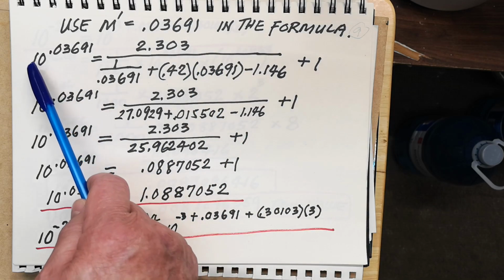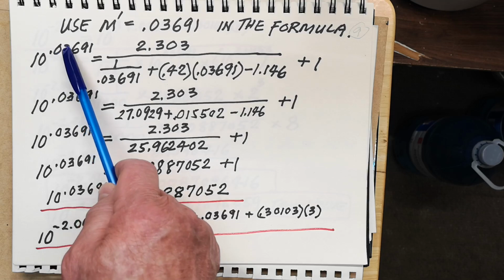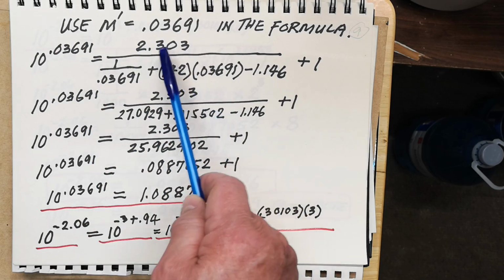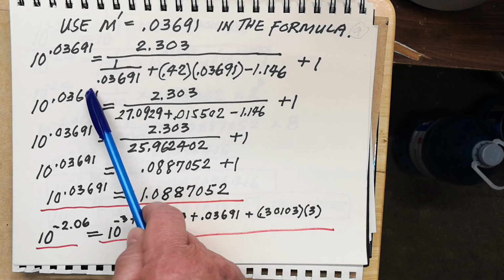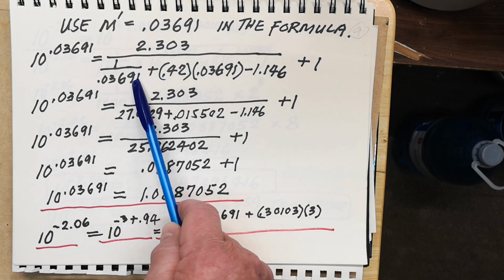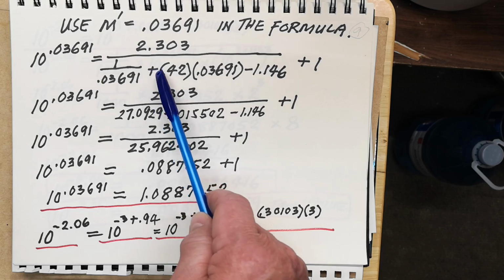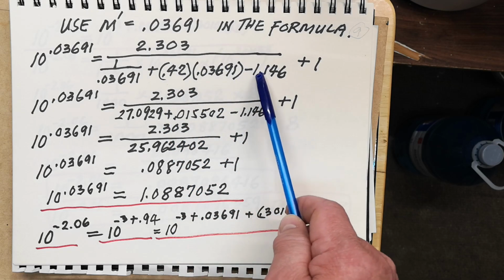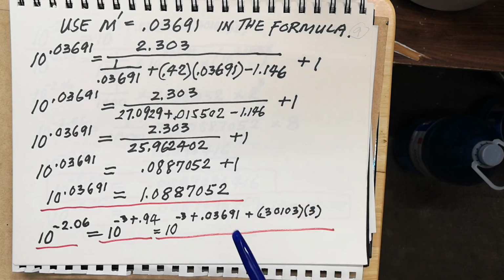So substituting, 10 raised to the 0.03691 equals 2.303 divided by 1 over 0.03691 plus 0.42 times 0.03691 minus 1.146, plus 1.